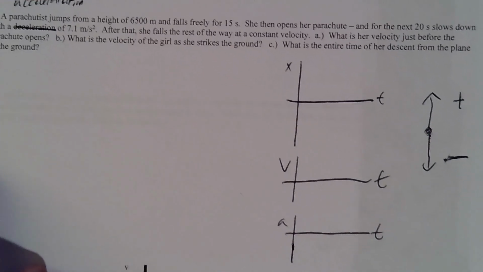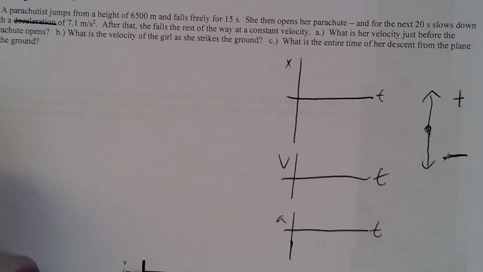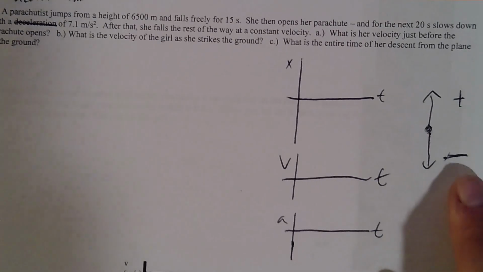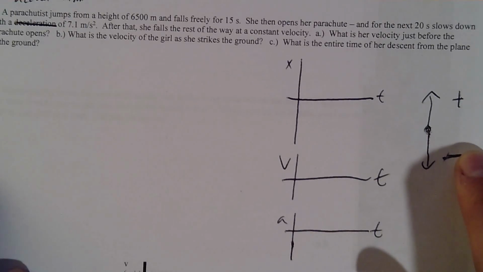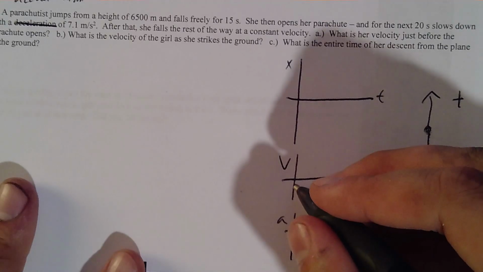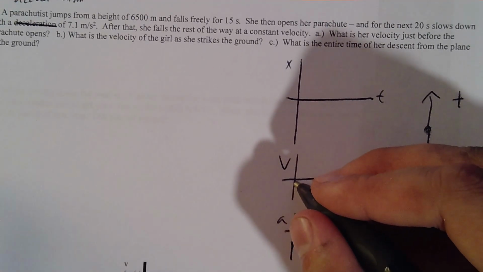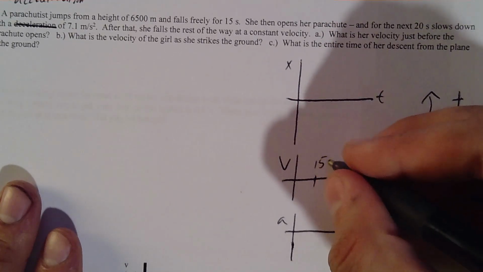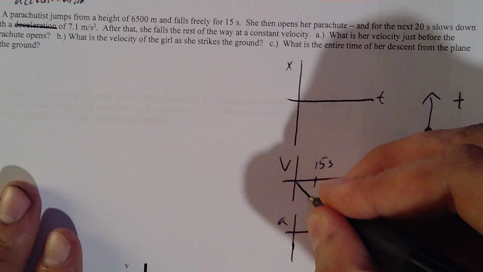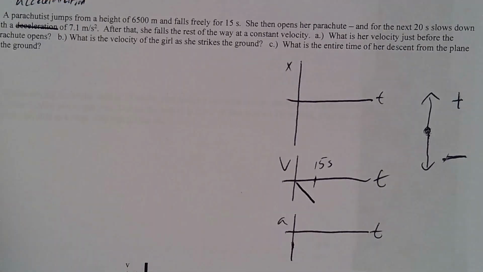Back on this problem, we're going to take direction into account by keeping track of whether our velocity is positive or negative the entire way through. So at the beginning of this trip, for the first 15 seconds, we're going to be speeding up in the negative direction. We're increasing our speed as we go.